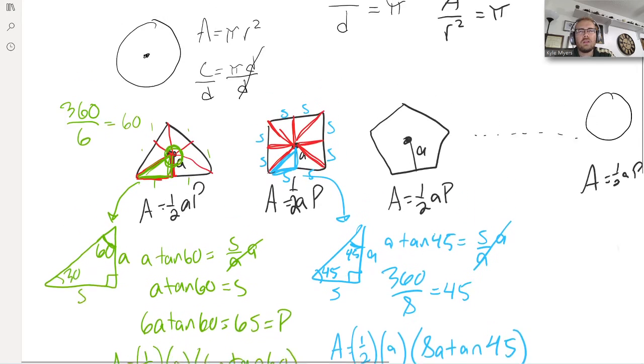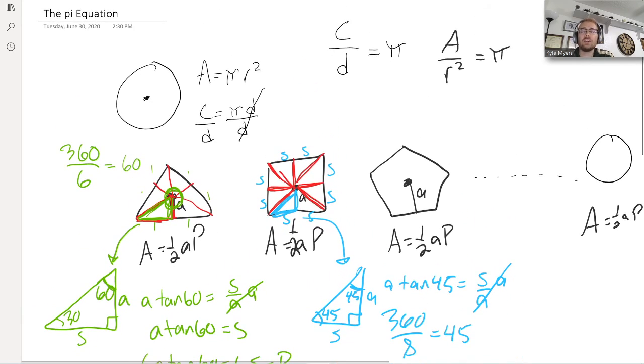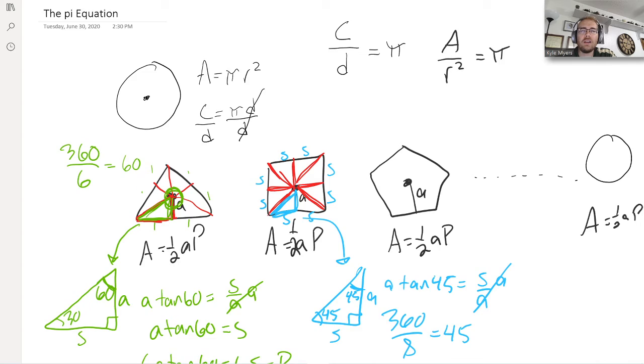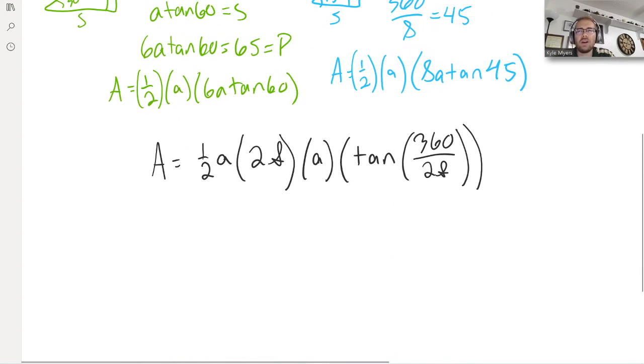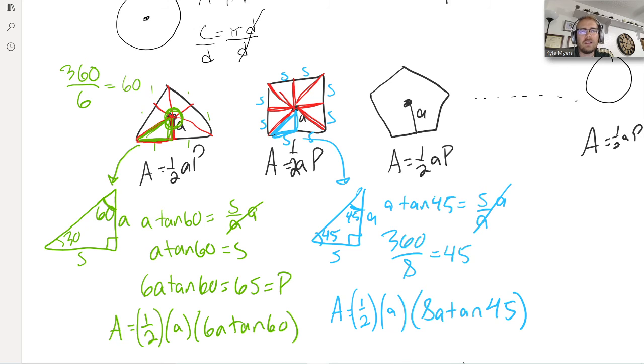Now, if you've been wondering why I'm finding a pattern here as we go along, it's because of what I thought of doing a few years back. If I kept making the number of sides bigger, right? So pentagon, 5 sides, hexagon, 6 sides.